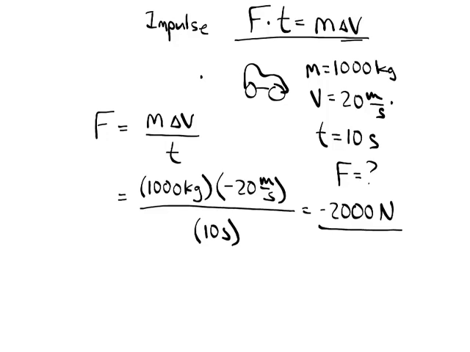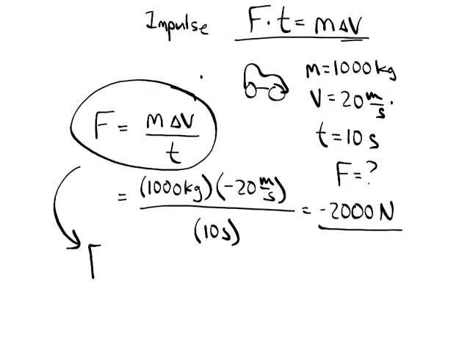Now, I do want to point out something. If you look at this equation right here, you notice you've got the force equals the mass times the change in velocity over time. I'm just rewriting it a little differently.